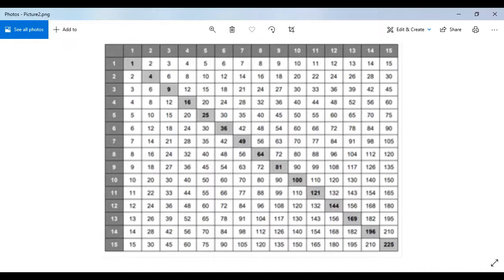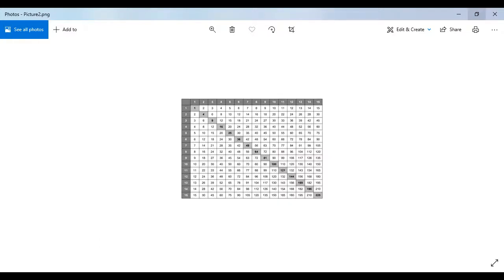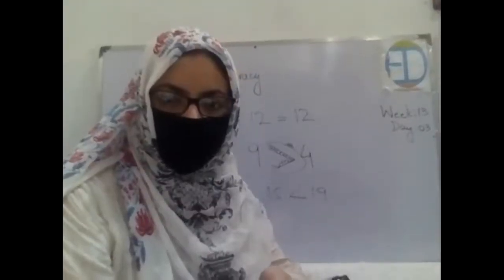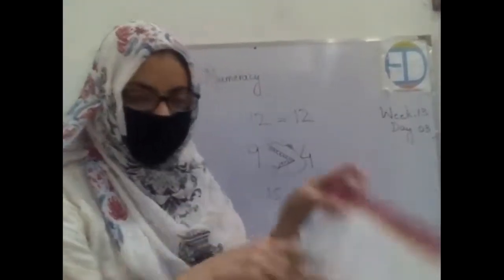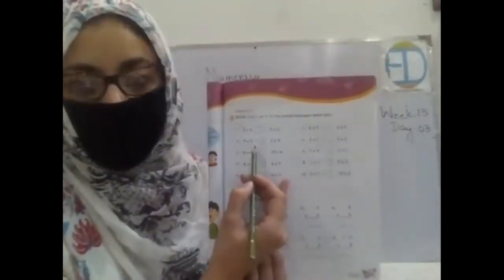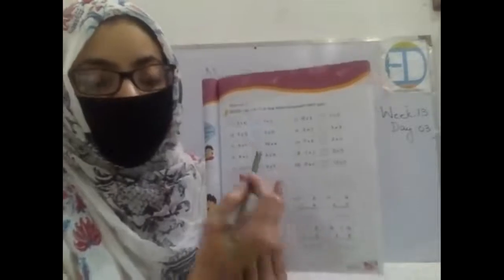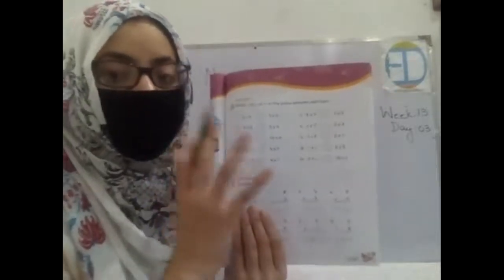Let me show you this as well. Let me take out my lead pencil. Look at here. This is the first product, which is 9 cross 5, right? Now you will look into the multiplication table for 9 cross 5.